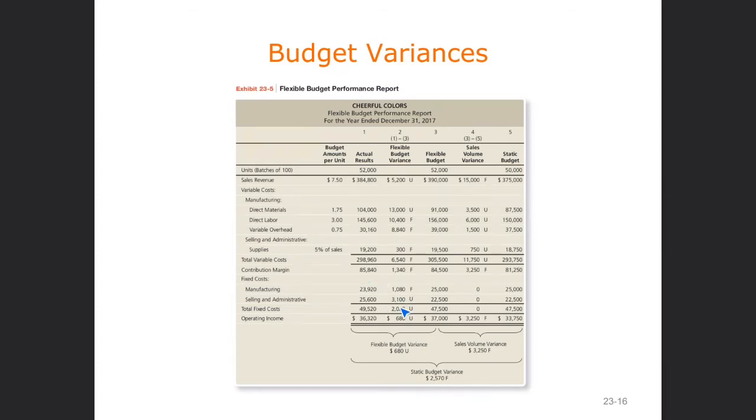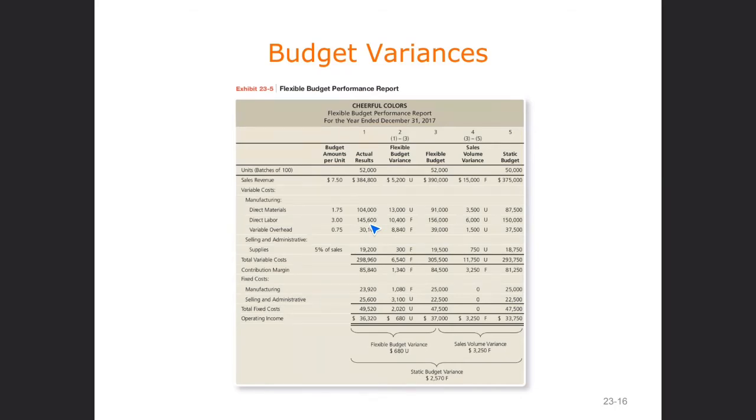I would definitely look back at the slide and make sure that you understand what's going on. Just look at it and ask: what account am I looking at? Is this a revenue account or an expense account? And then pay attention to direct labor.